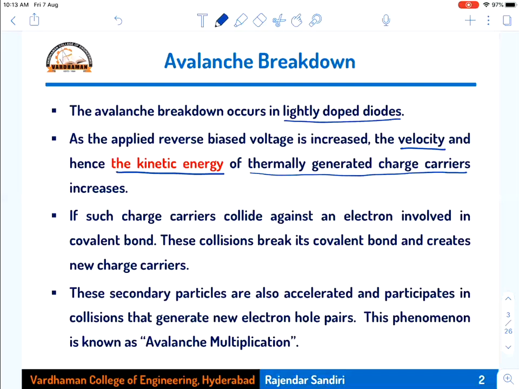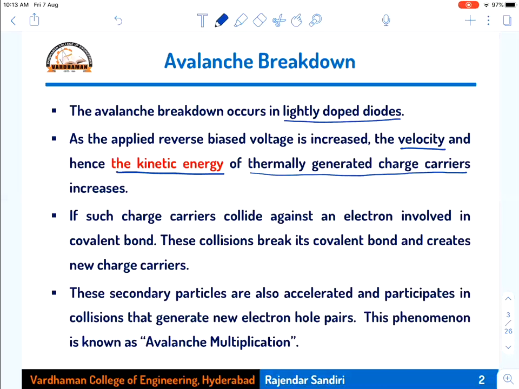Now, when you apply the reverse voltage and keep on increasing it, the velocity of the charge carriers will increase, and thereby the kinetic energy also increases. If such charge carriers have high kinetic energy, they will collide against an electron involved in a covalent bond.